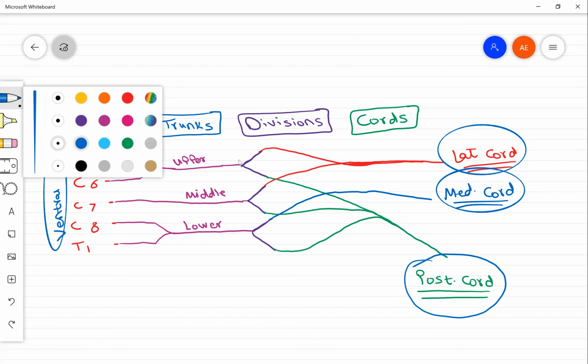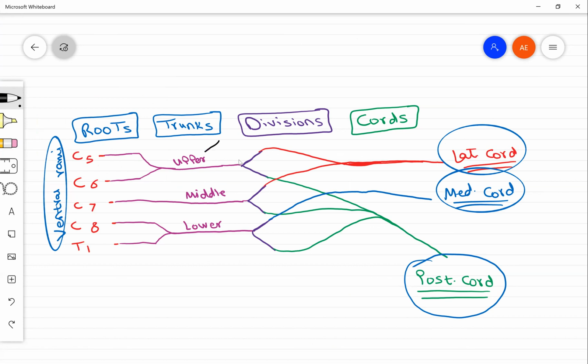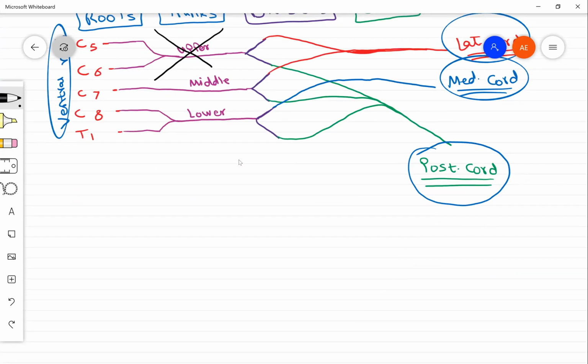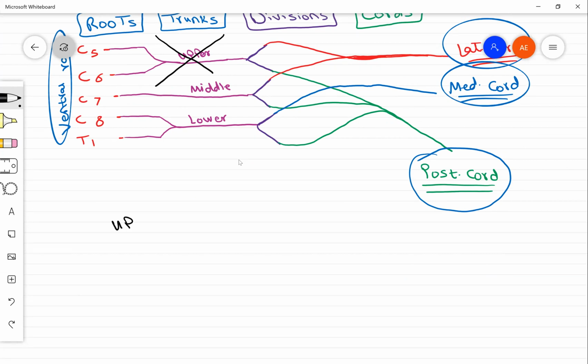The injury may happen here in this site, so it may happen in the upper trunk and may happen in this site, which is the lower trunk.